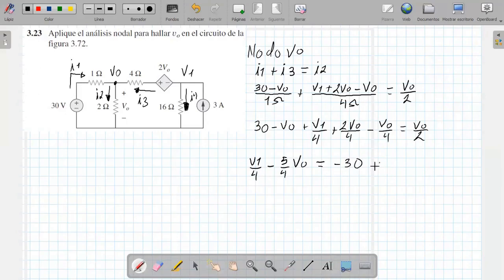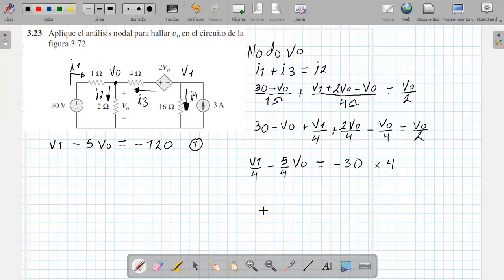I can multiply by 4 on both sides of the equal, and that will give me the first equation: V1 minus 5 V0 equals minus 120. This is my number 1 equation. Okay, now I have the equation.